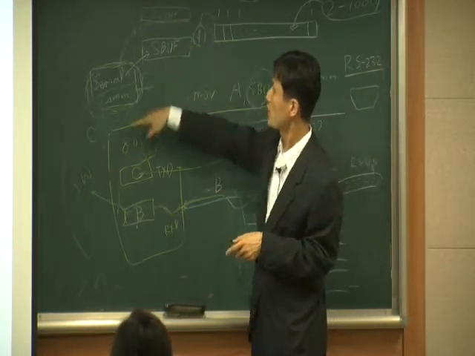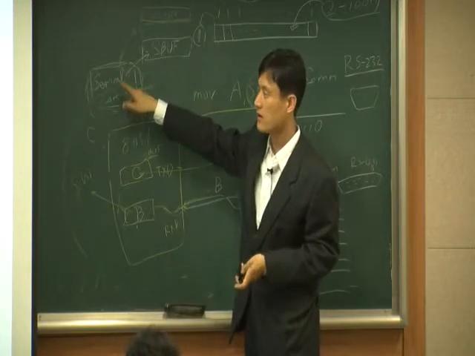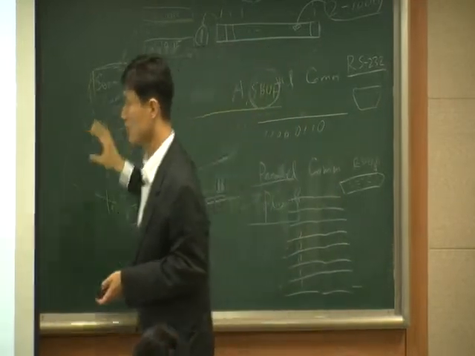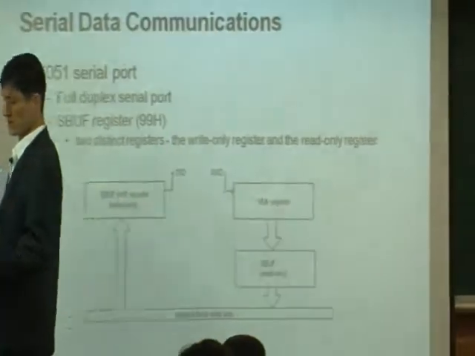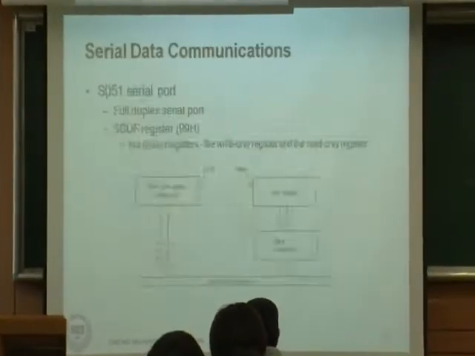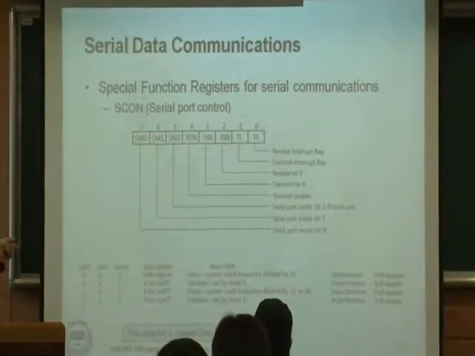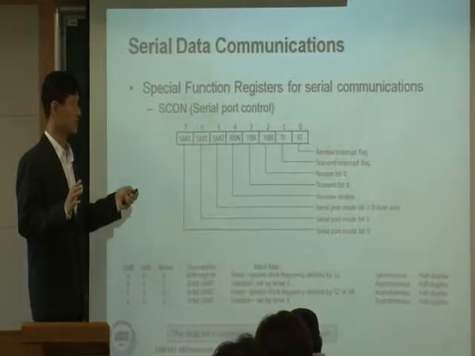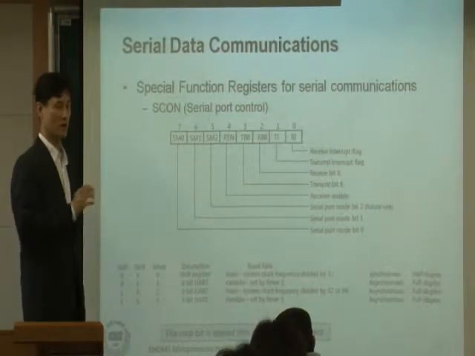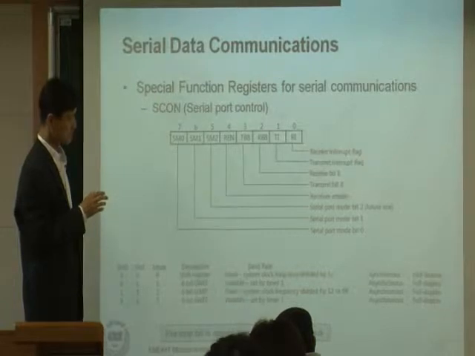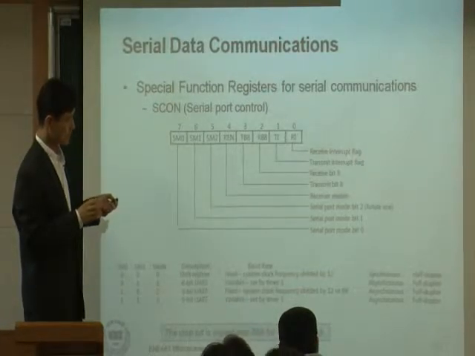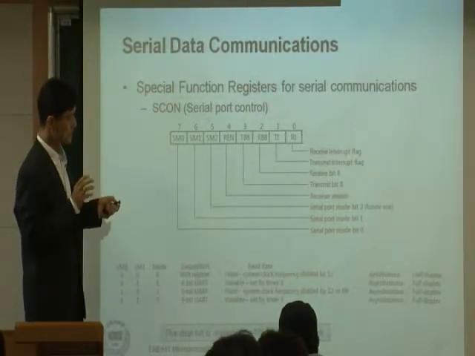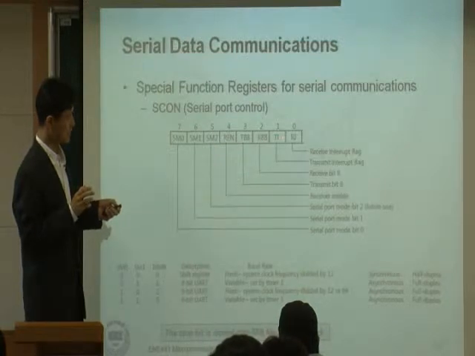SCON is to control this block. All these bits are not data; each of these bits is a control bit. We also need to know the function of each bit.